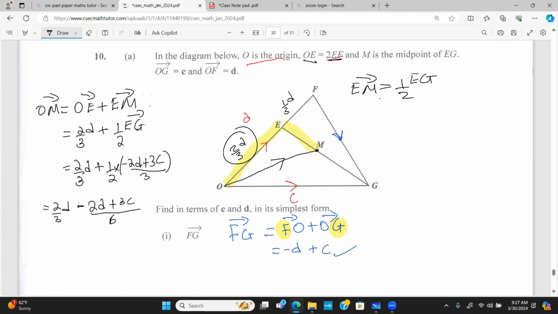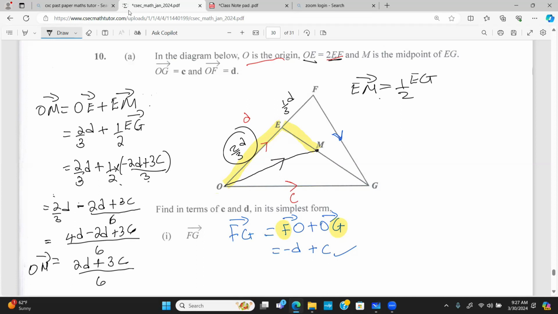So 1 times the top remains the same, but 2 times the bottom will give us 6. Let's break this down into a common fraction here. I'm going to use 6 as my denominator. 3 into 6 is 2 times, so 2 times 2D will give me 4D. And then 6 into itself is 1 time, so 1 times this will give me negative 2D and 3C. If I simplify this right now, I'm going to have 2D plus 3C over 6. That is OM.